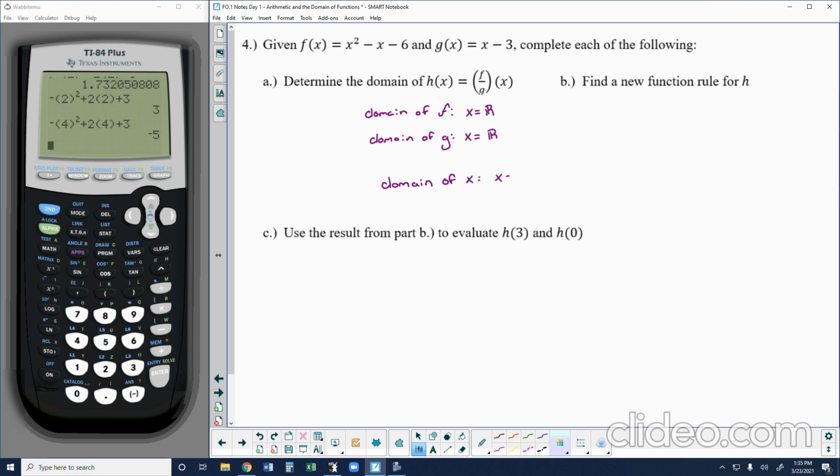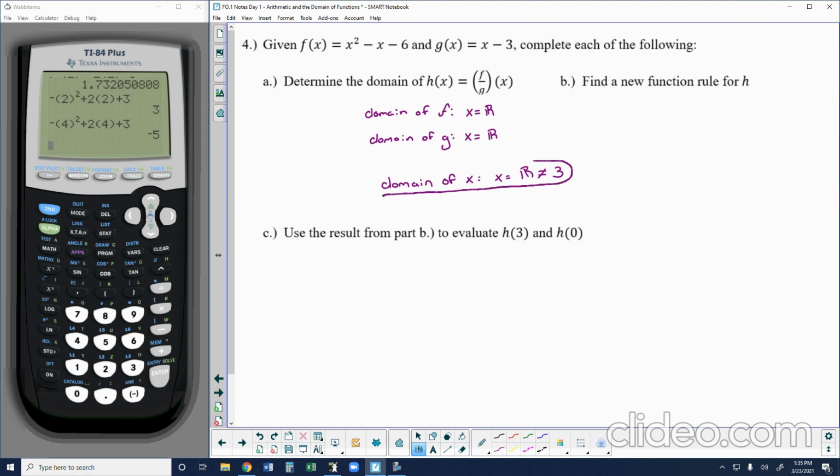Because if 3 was one of the values of the domain there, we would have a 0 in the denominator. So as we saw in that property, we do have to consider any value that would make the g of x, or the denominator, 0 and restrict that from the domain. We saw that with rational functions, so that just continues that idea.